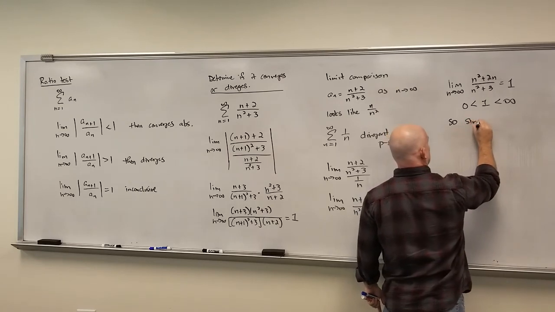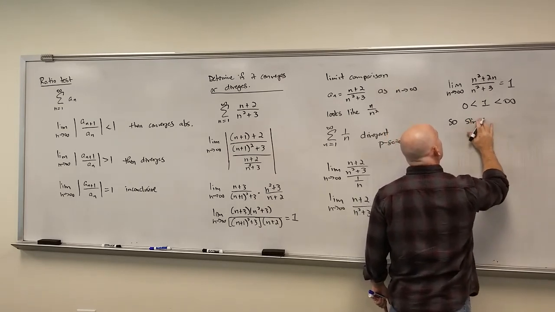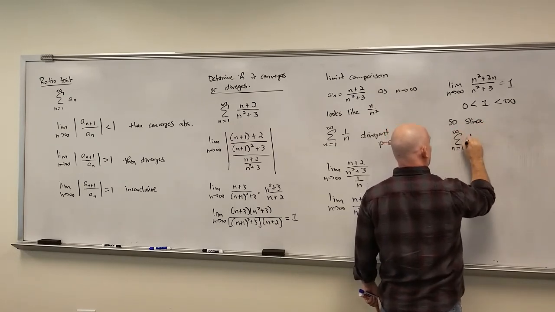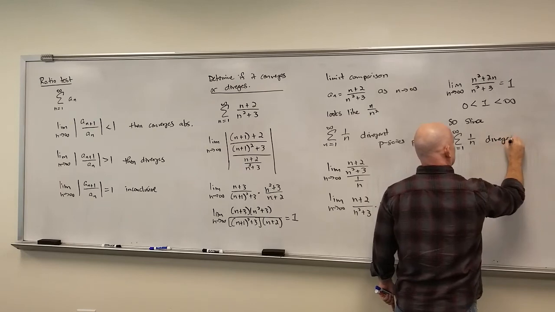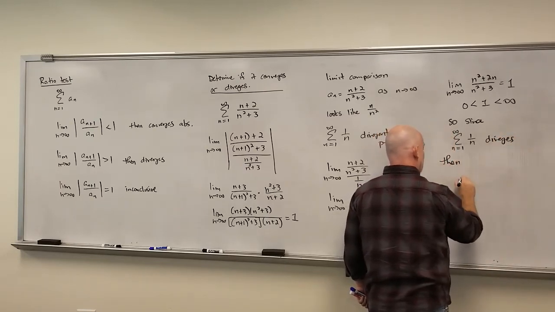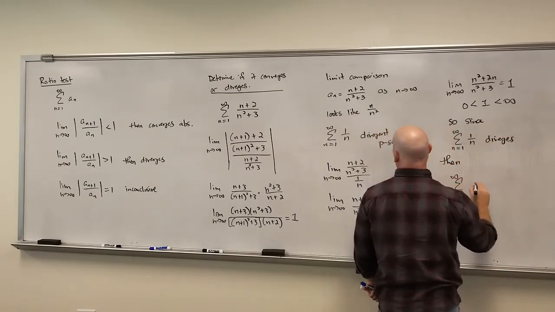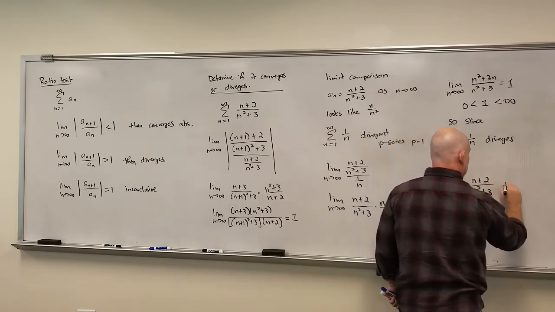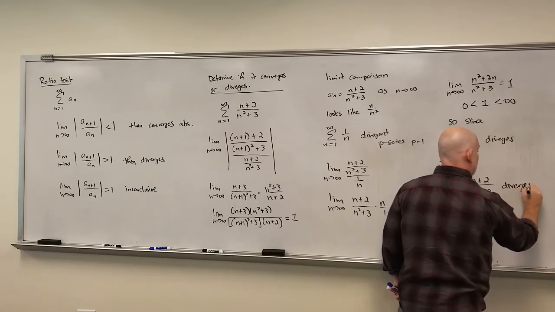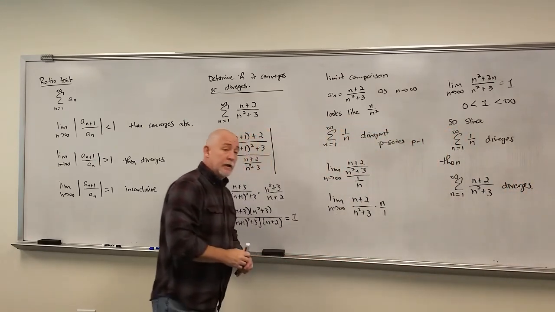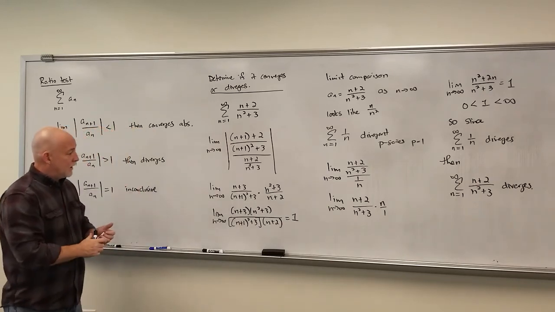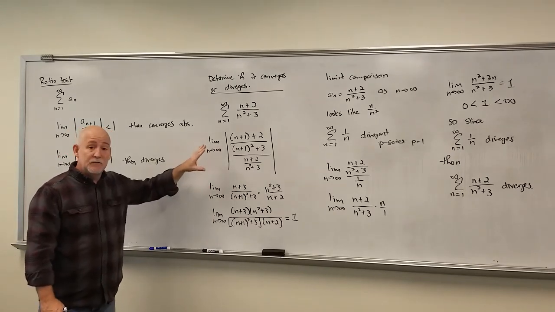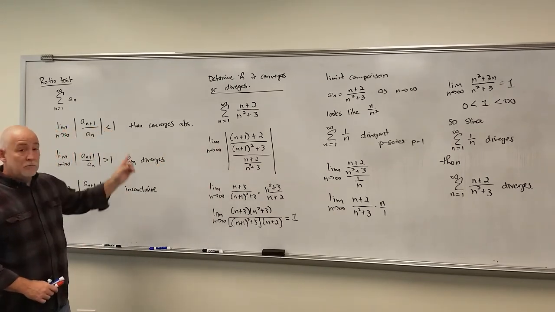So, since the sum n equals 1 to infinity of 1 over n diverges, then the sum n equals 1 to infinity of n plus 2 over n squared plus 3 also diverges. Okay, so you see all these tests are going to wrap around together, but the ratio test is a great test to use, especially if you have mixed types of functions. If you do get a 1, try a different test.